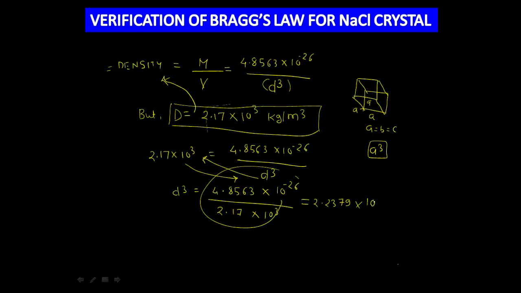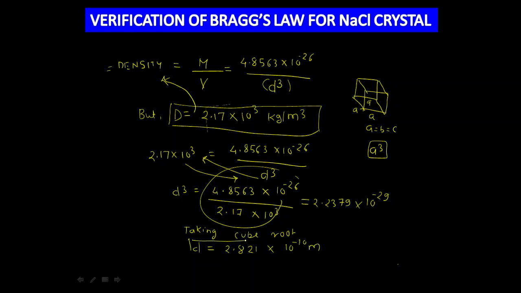After taking the cube root, we get D as 2.821 into 10 to the power minus 10 meter.